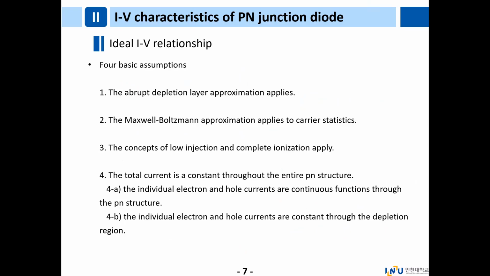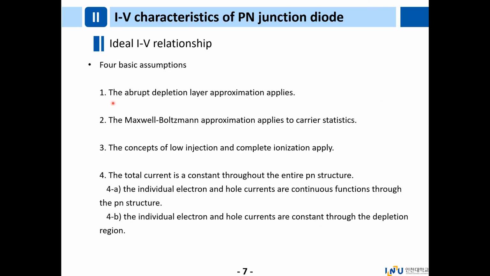Then let's take a closer look at the IV characteristics of PN junction diodes. The ideal IV relationship can be derived from the following four basic assumptions.